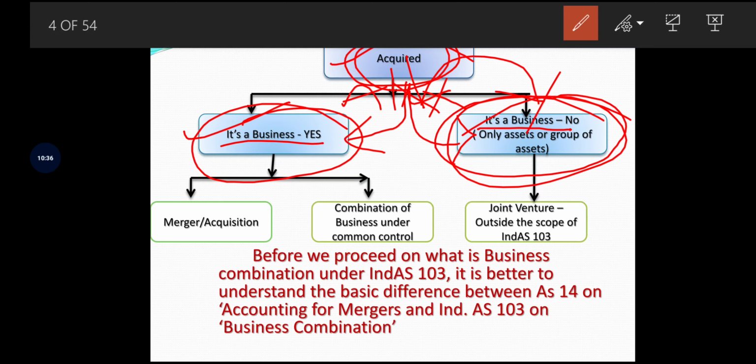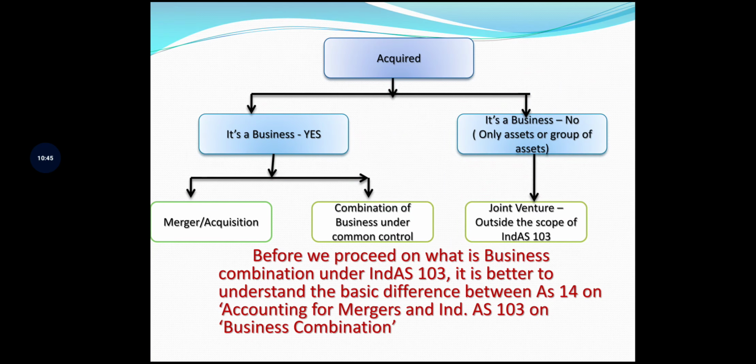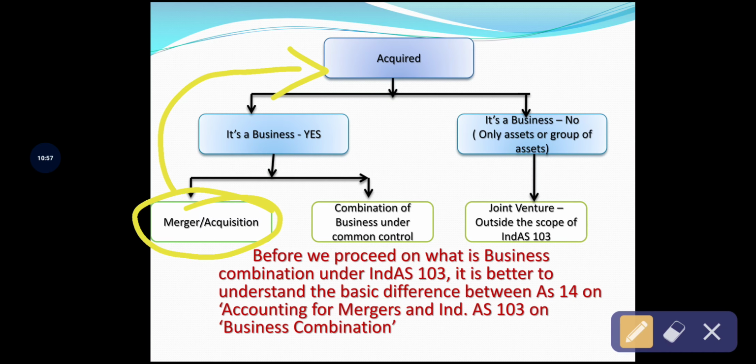See the examples I have given below. If it is engaged in business, then it surely enters through merger and acquisition. The acquiring company purchases the assets and liabilities of that business through the merger and acquisition concept, or in the form of business combinations under common control.